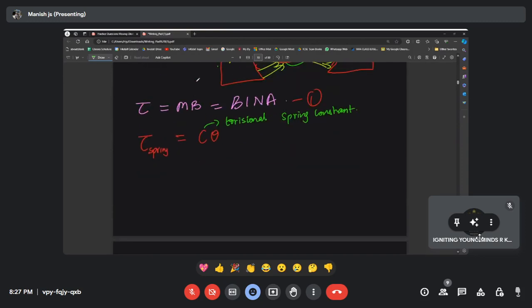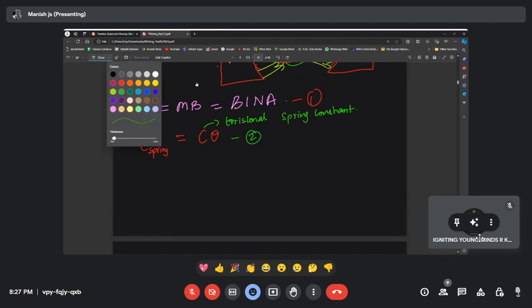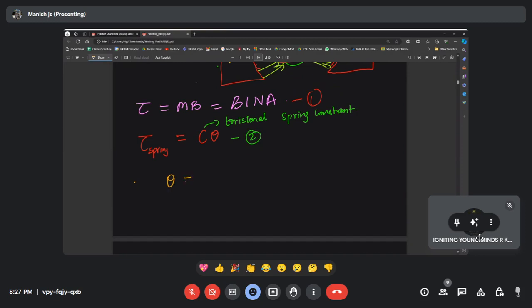The first one I'm calling 1, this I will call 2. So the restoring torque of the spring and of the coil are equal. When you equate, finally you can find theta as BIN into A upon C.